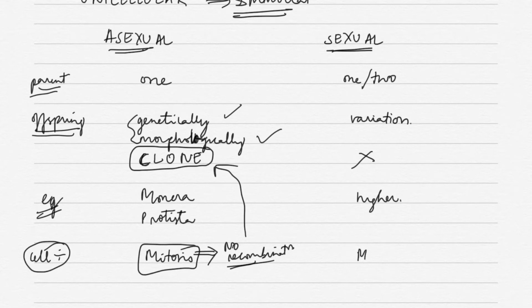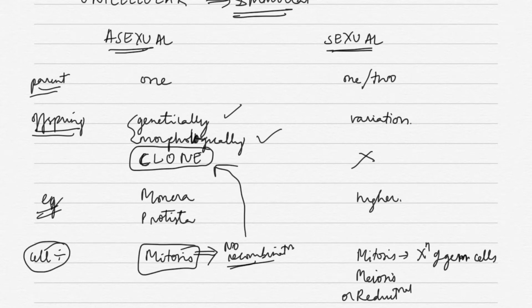Here there is first mitosis, that is for multiplication of germ cells. And then there is meiosis or reductional cell division.